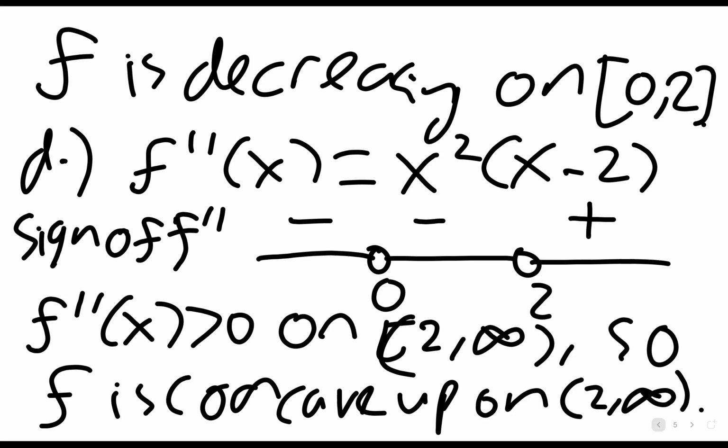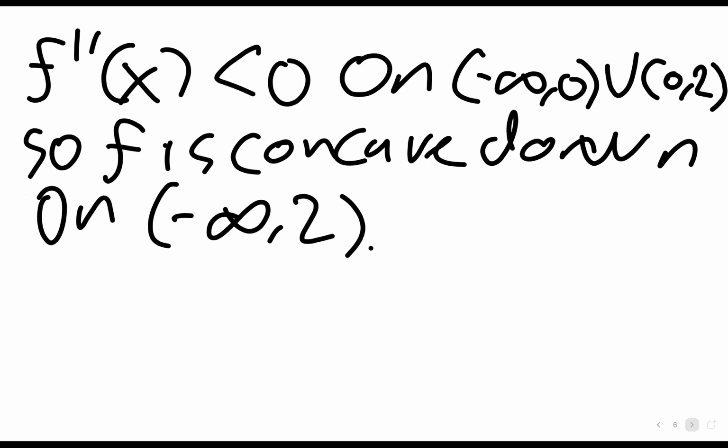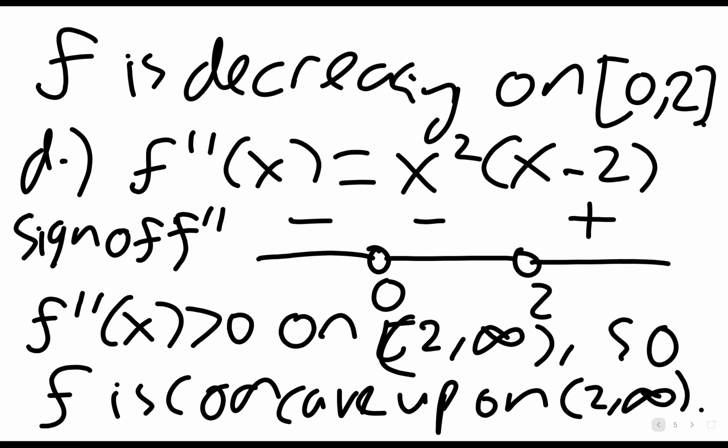At x equals 0, there is no change of concavity, namely it's just concave down. However, at x equals 2, there is a change of concavity, so 2 comma f(2) is an inflection point.